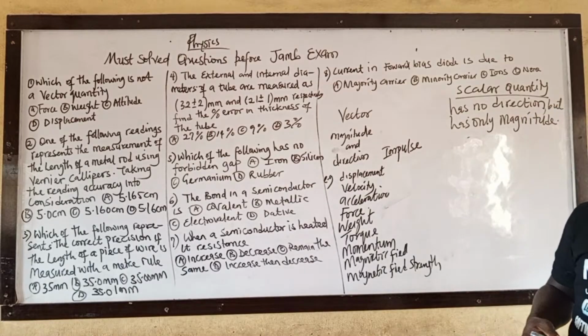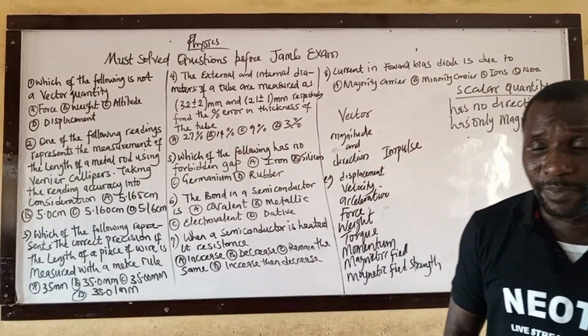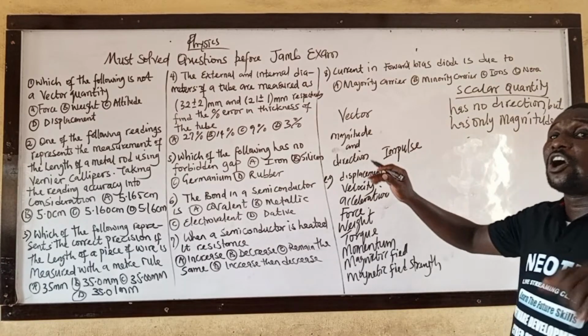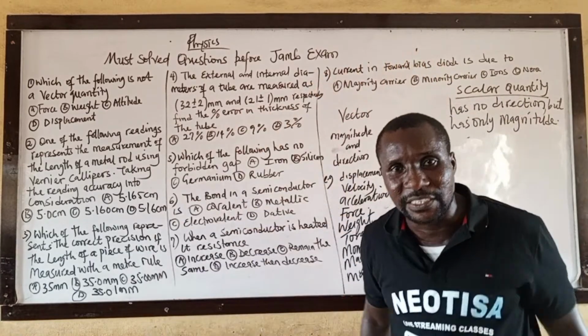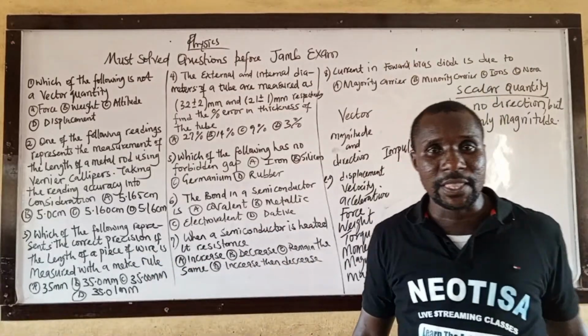Scalar quantity has no direction but only magnitude. What are the examples? All the fundamental quantities are examples of scalar quantity.